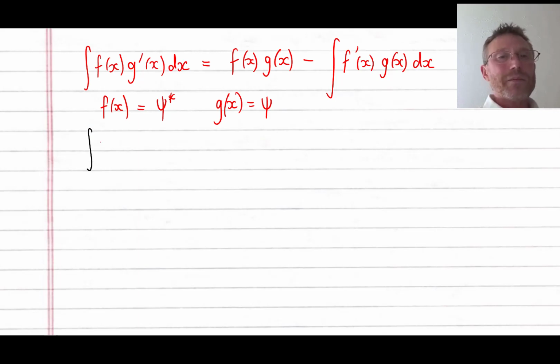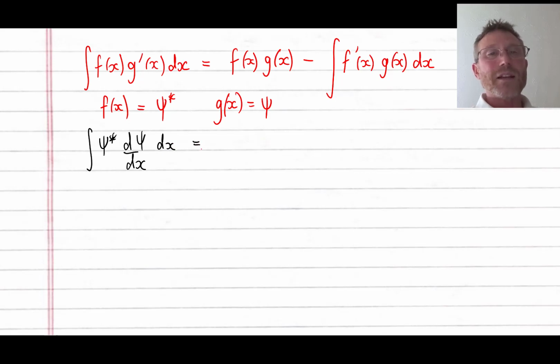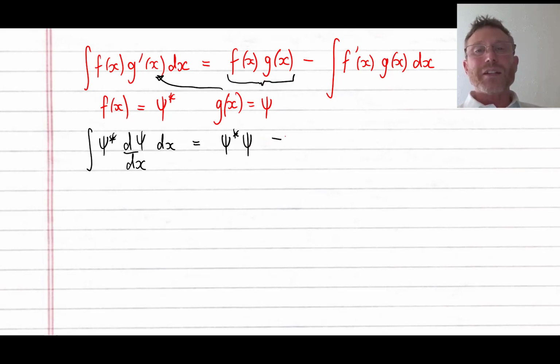We end up with the integral of psi star times the first derivative of psi, d psi by dx, dx, equal to psi star psi, that's this function here, minus the integral of d psi star by dx multiplied by psi dx.